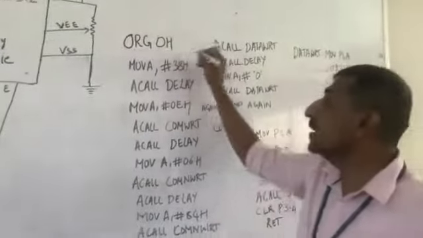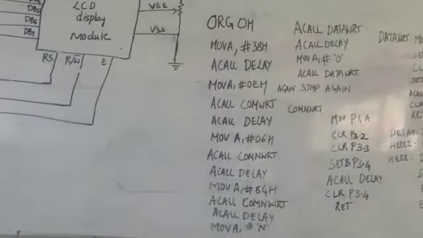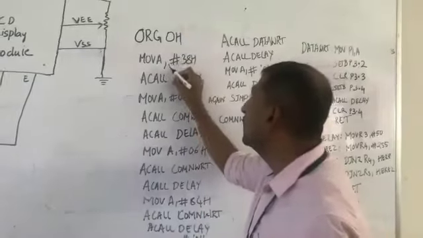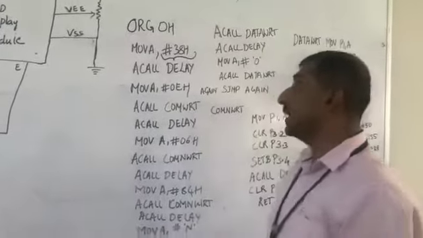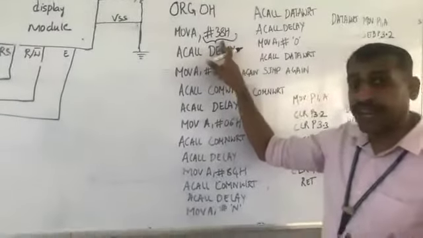See that we are again originating at 0000H, and you can see straight away that I am trying to send 38H to the LCD. What did I say the 38H is?